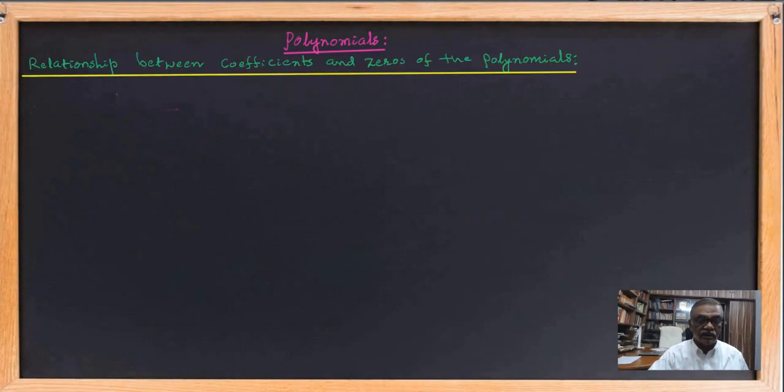Therefore we are going to establish the relations between the ai's and alpha i's here. Now first, let me consider the relations for the linear polynomial.